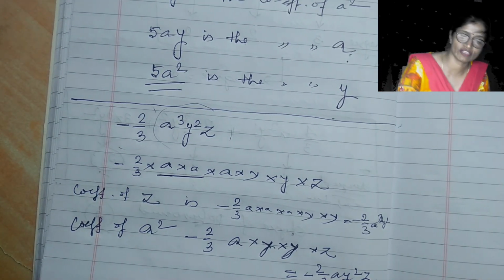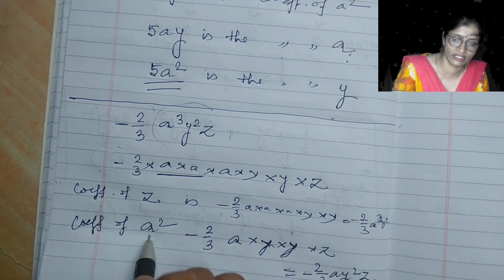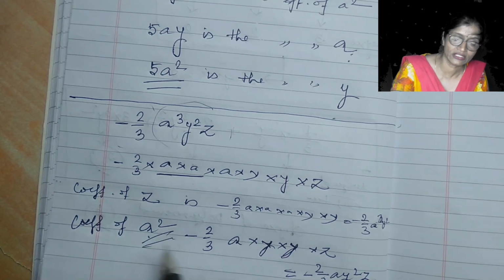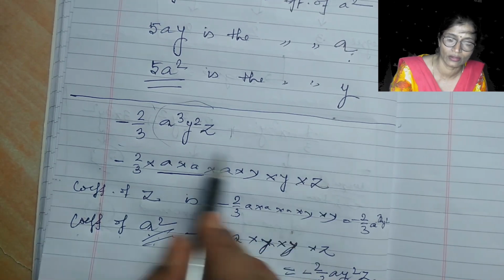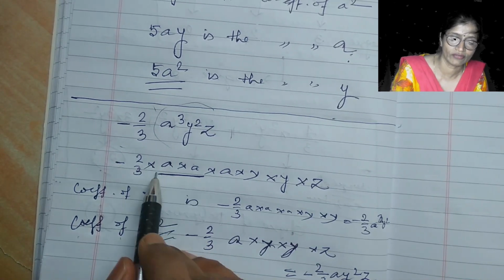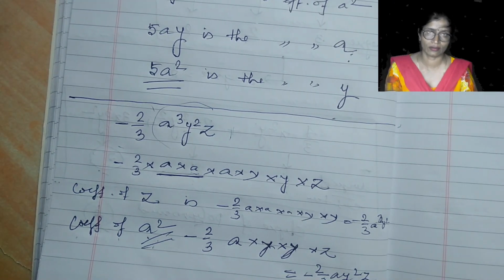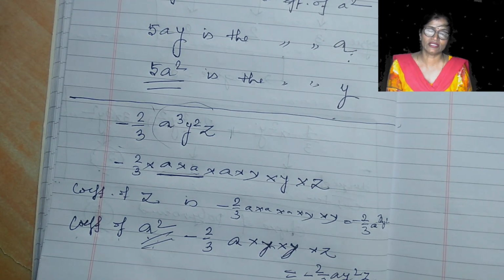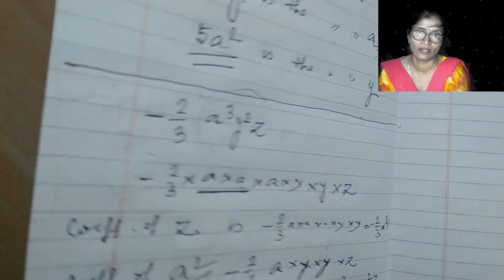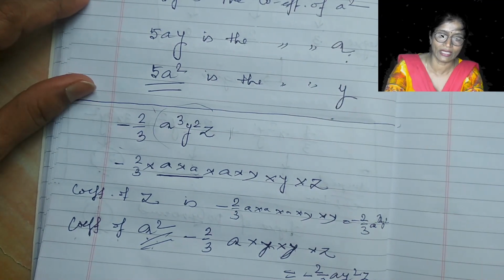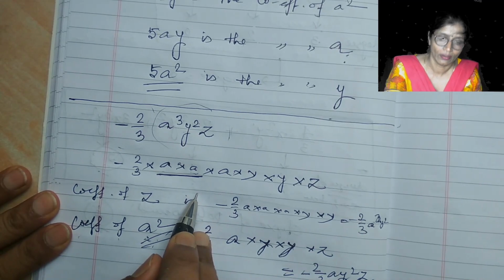So first we factorize in this way, and then whatever is given, say a square, and I am asking the coefficient of a square, the coefficient is the leftover, whatever is left after a square. Or you can think, when you learn division in algebra, you will come to know that the coefficient is this whole thing divided by a square.